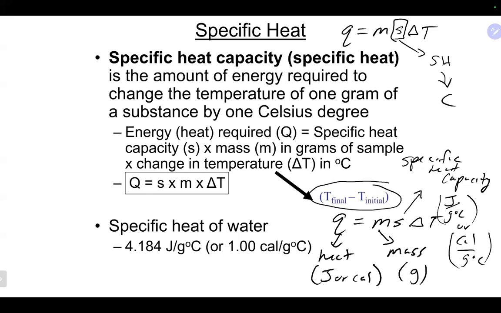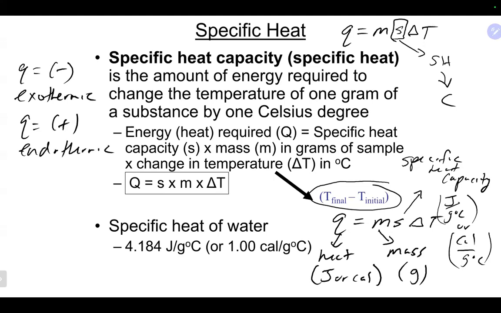The other important thing is the calculation here. As we talked about earlier, whether you end up with a Q that is negative or positive will tell you if it's endothermic or exothermic. Once again, if Q is negative, it's an exothermic process. If Q is positive, endothermic.